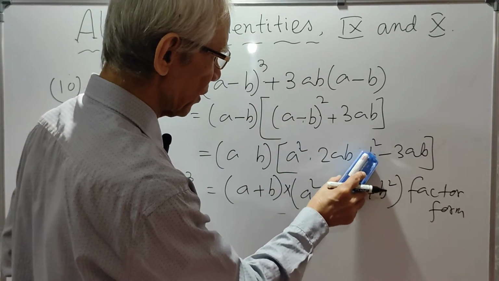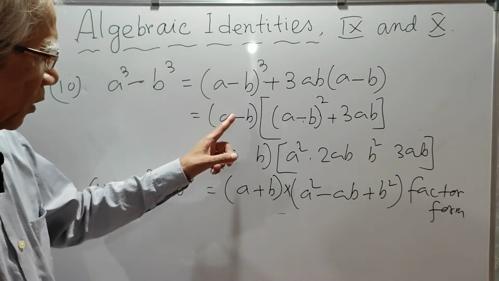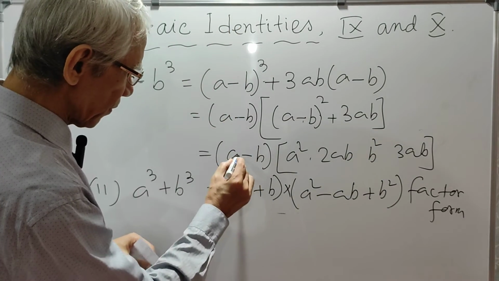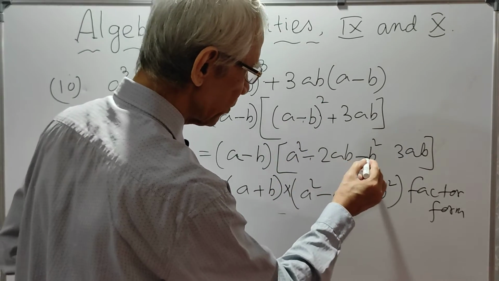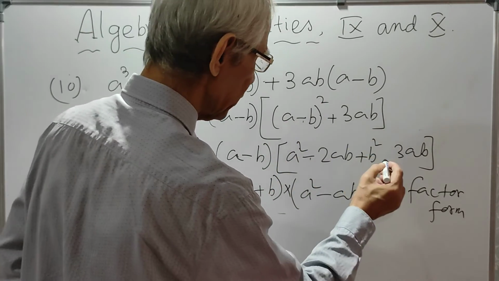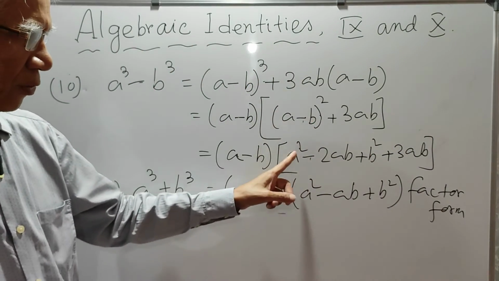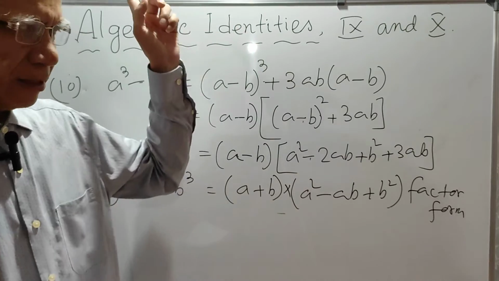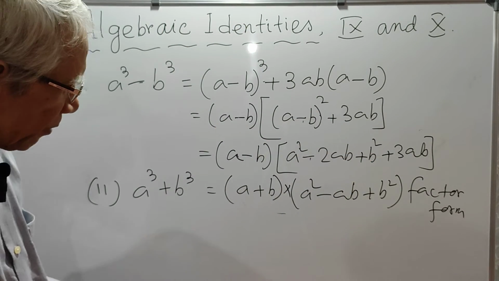The terms remain the same. Okay. Now this (a minus b) whole square formula, a square minus twice ab plus b square. All right. Then this is plus. So (a minus b) whole square, a square minus 2ab plus b square, that's the second identity. Okay. Then plus 3ab. Then a minus b.